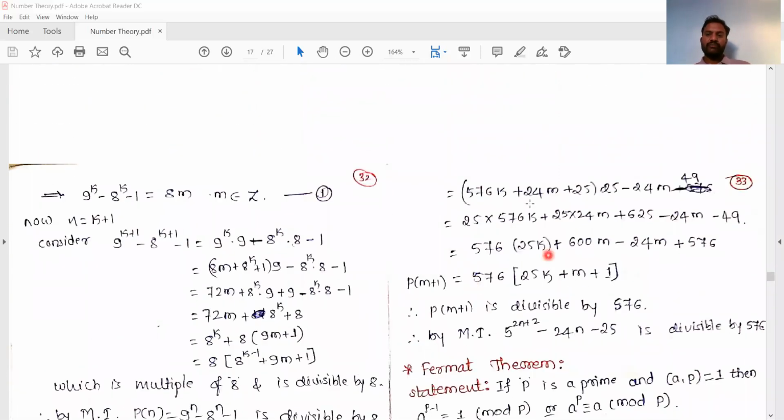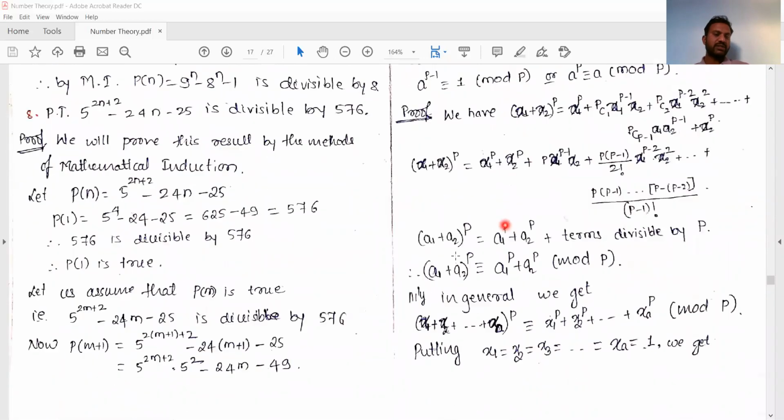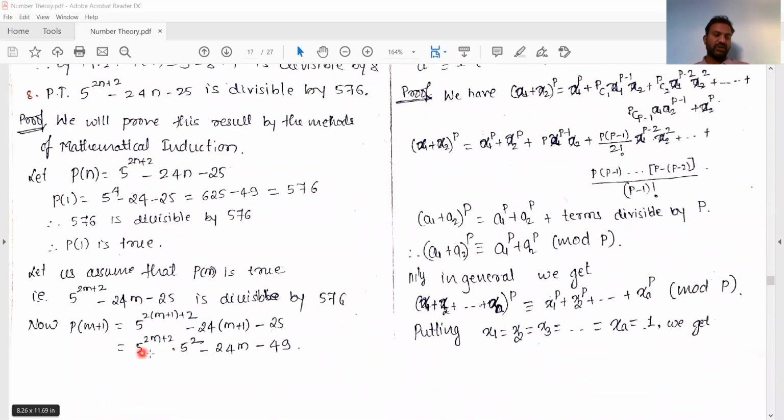So that is equal to 576k plus 24m plus 25. Why is it so? Because what you assume is that 5 raised to 2m plus 2 minus 24m minus 25 is divisible by 576. So therefore this factor is equal to 576 into k, any integer k, because it is divisible by 576.